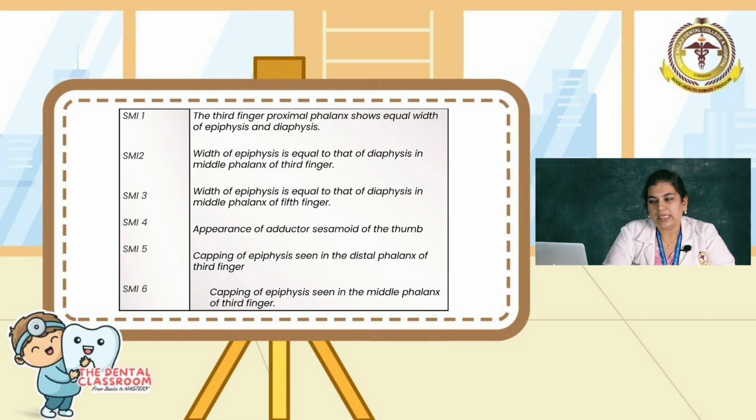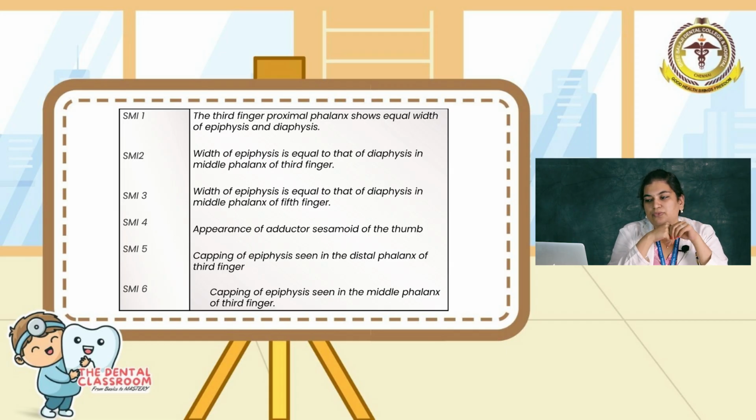SMI 3 corresponds to the width of the epiphysis and diaphysis being equivalent to each other in the middle phalanx of the 5th finger. So stages 1 and 2 are the middle finger, where the epiphysis and diaphysis are equal in width, and in the 5th finger you have the epiphysis and diaphysis of equal width in SMI 3.